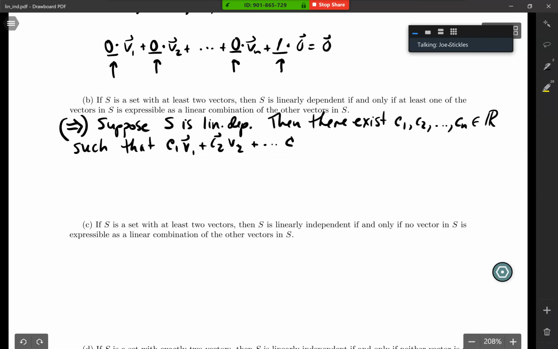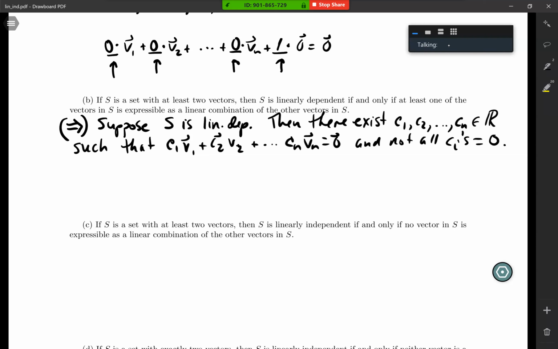I'll write that down here in a second. And not all the C sub i's are equal to 0. We have at least some of these constants that are not 0.